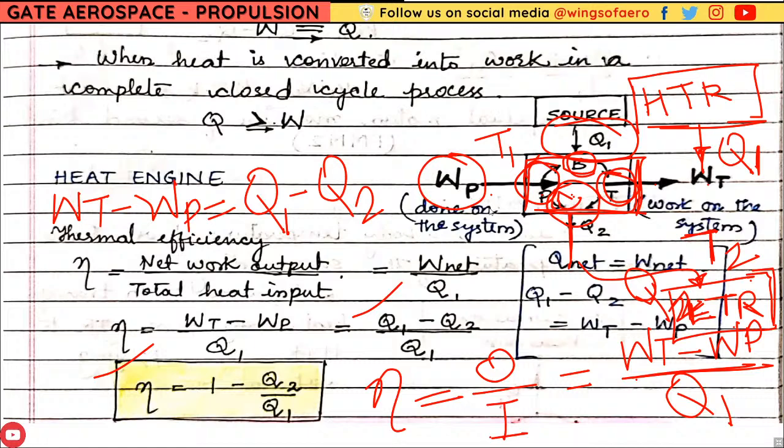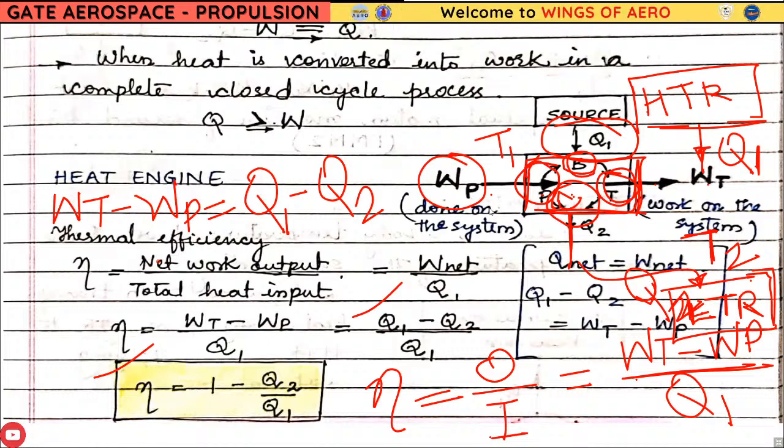Now we have the heat engine. The heat is added in the boiler, liberated from the condenser, and work is done into the pump and by the turbine. Now how to find the efficiency? You can find efficiency using this relation: work output by heat input.